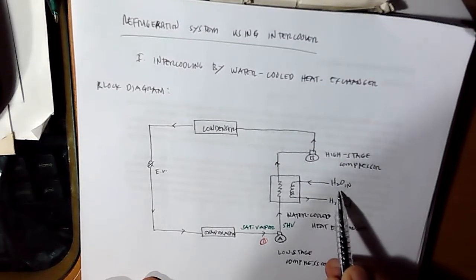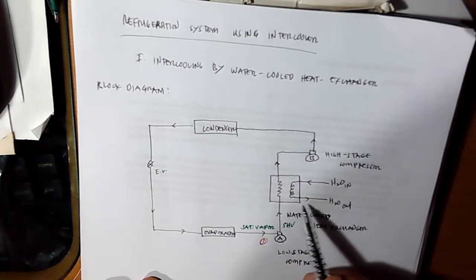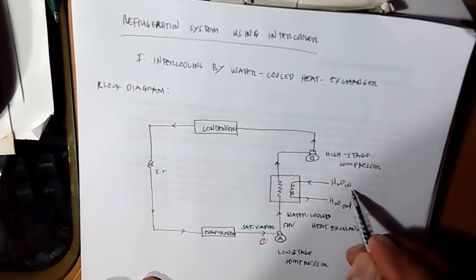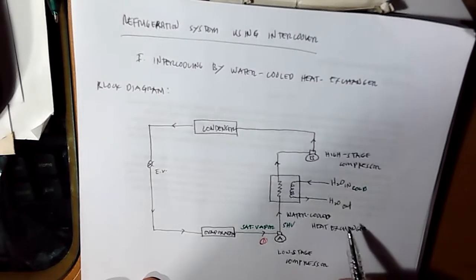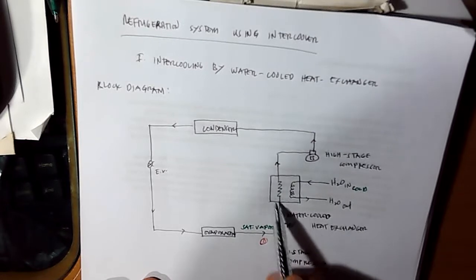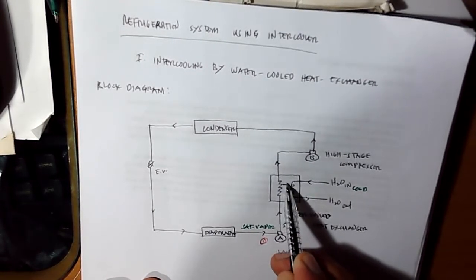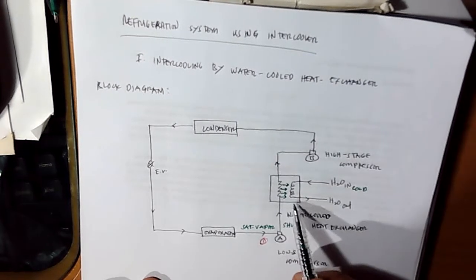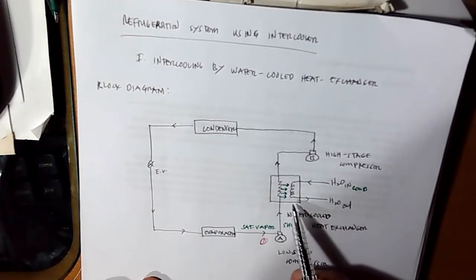Note the water going into the system, and upon going out: your water in is considered cold, and then when the heat is absorbed coming from the refrigerant side, heat goes out from the refrigerant side and is absorbed by the cold water going into your intercooler.